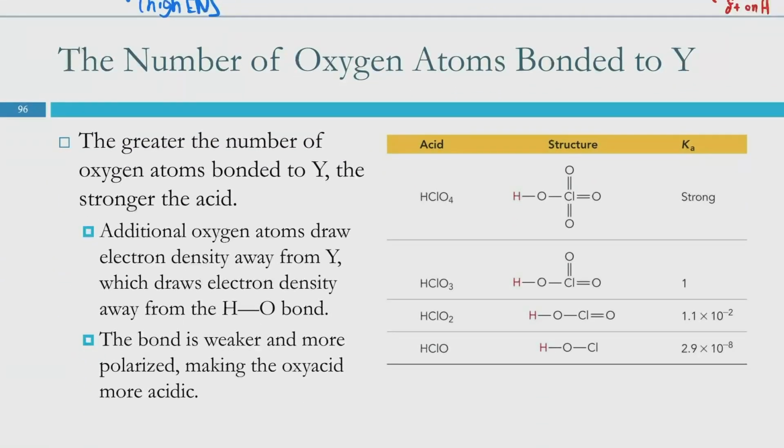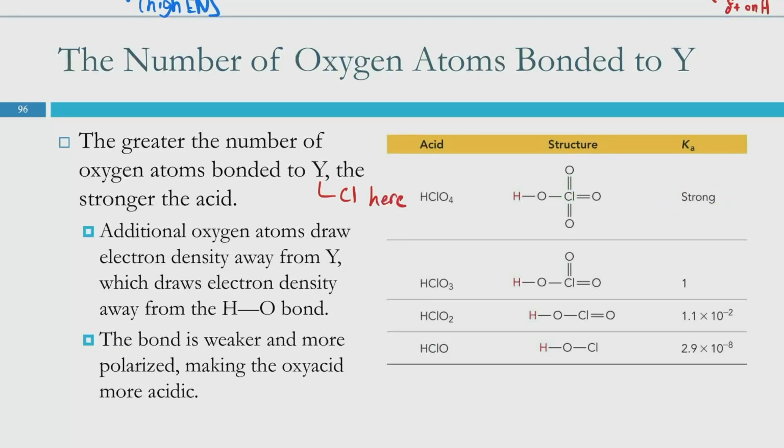We can also change the number of bonds. So looking at our series of perchloric acid, chloric acid, chlorous acid, and hypochlorous acid, so the different oxyanion forms with chlorine. If we have more bonds with what we're using as Y here, in this case Cl, more bonds there results in a stronger Ka.